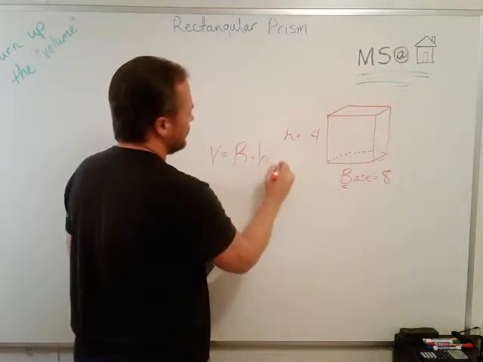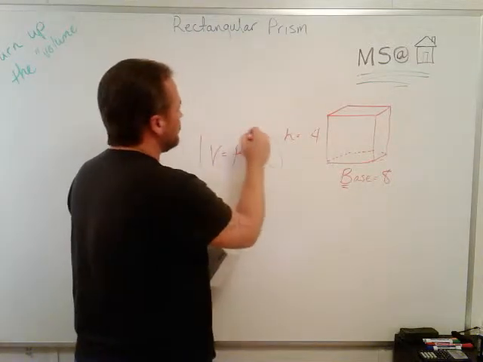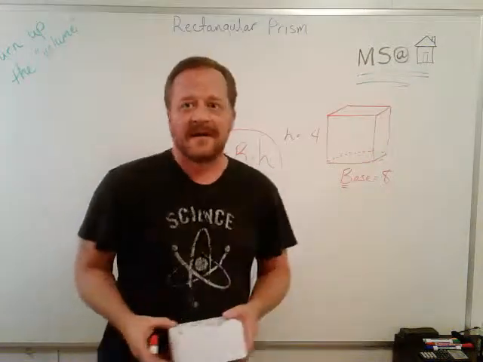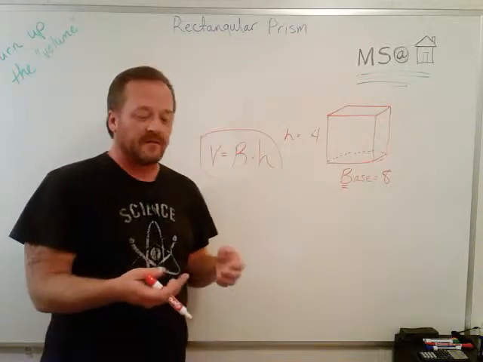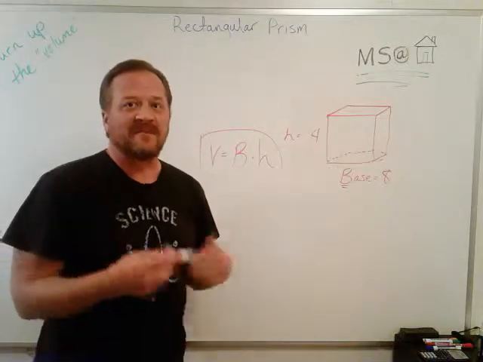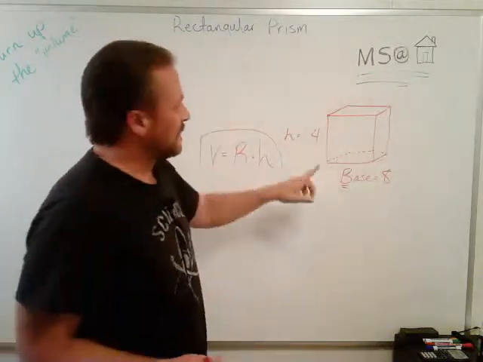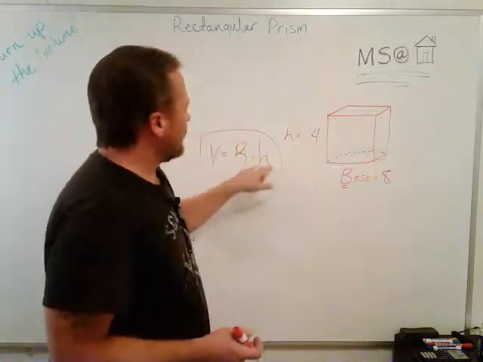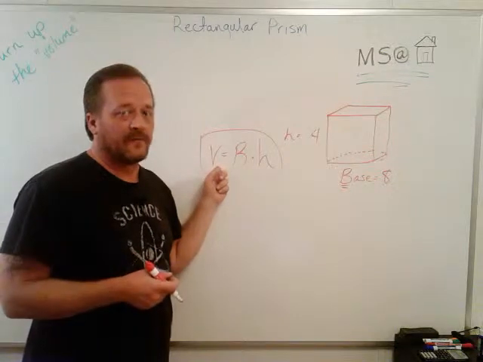This right here, guys, is a very important formula in geometry, and you'll see that as we go into 7th and 8th grade, also when we deal with cylinders and even cones and pyramids and stuff like that. Base, big base, the area of the floor times its height is a very important volume formula.